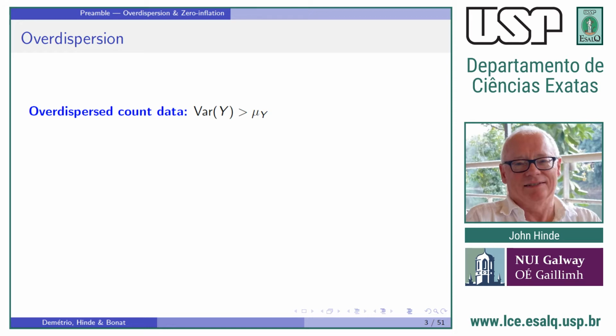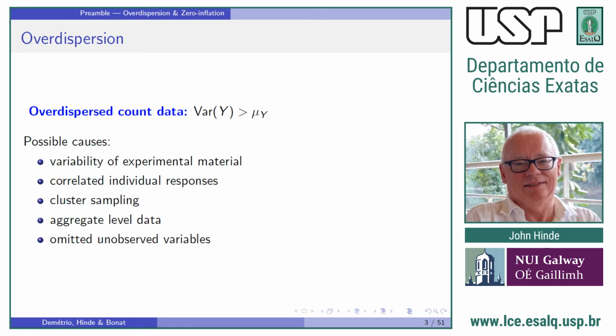Some quick background. Today I'm going to think about count data. We talk about count data being overdispersed if the variance is bigger than the mean. If we have Poisson count data, the variance and the mean are equal, but if the variance is larger, we talk about overdispersion.